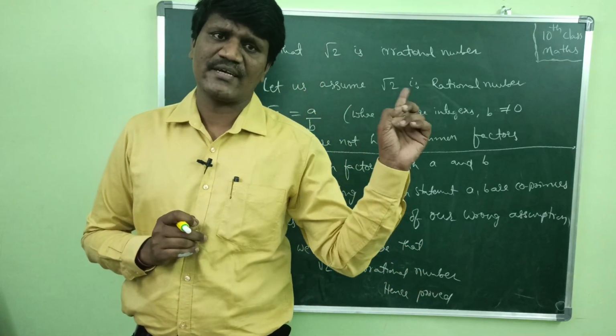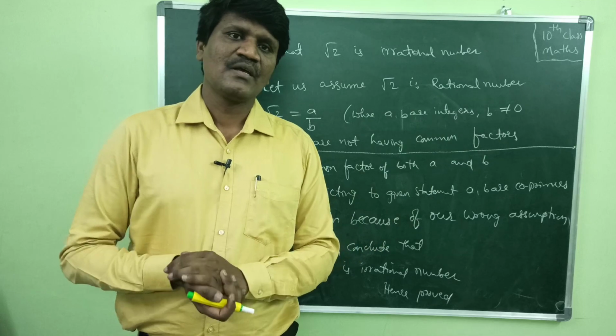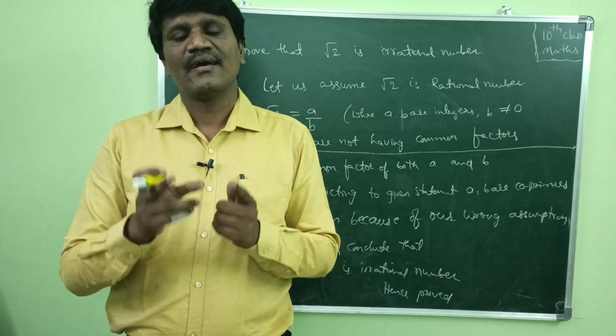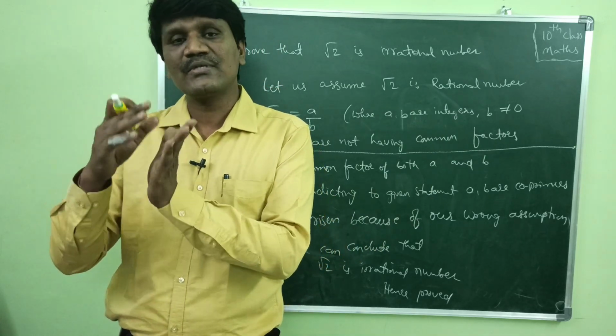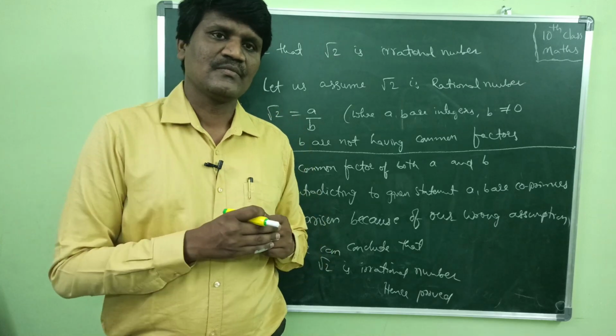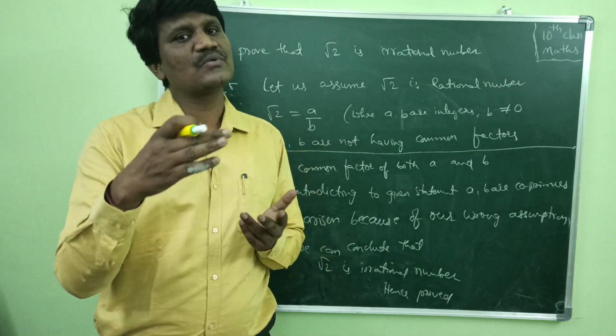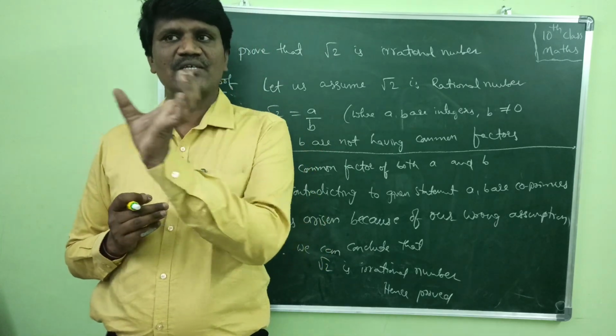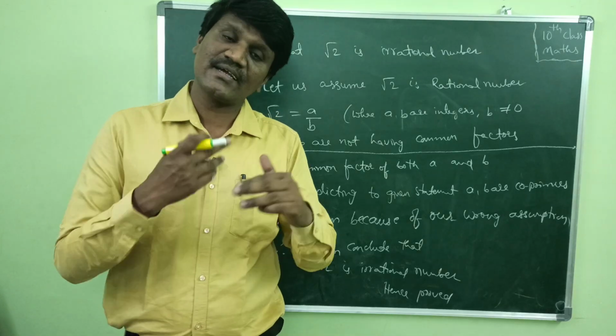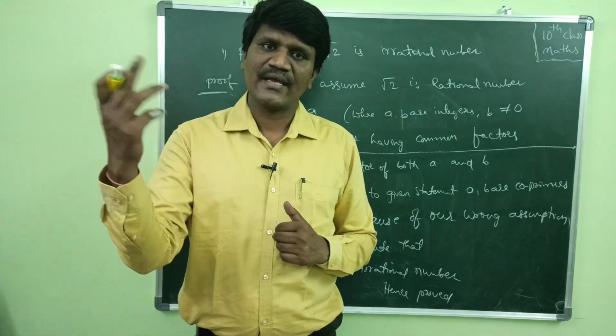So that is the first statement: we got 2 divides a. If 2 divides a, I can write 2c is equal to a. Squaring both sides, I get 4c square is equal to a square.